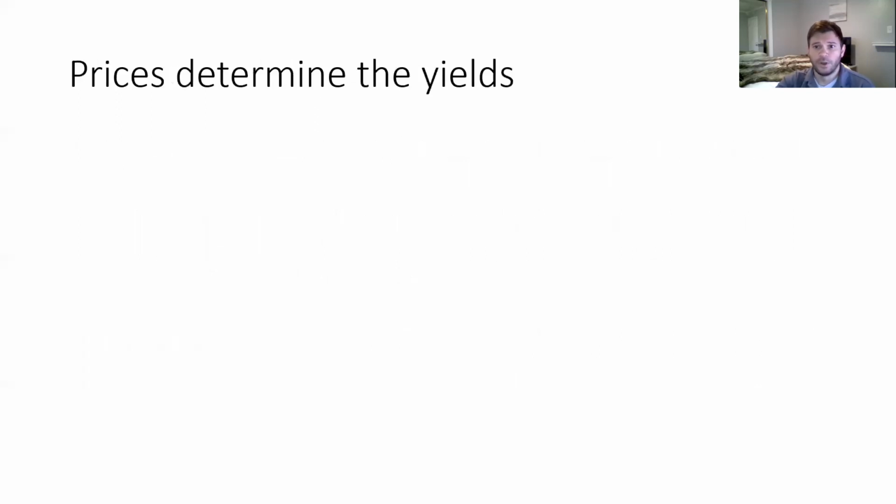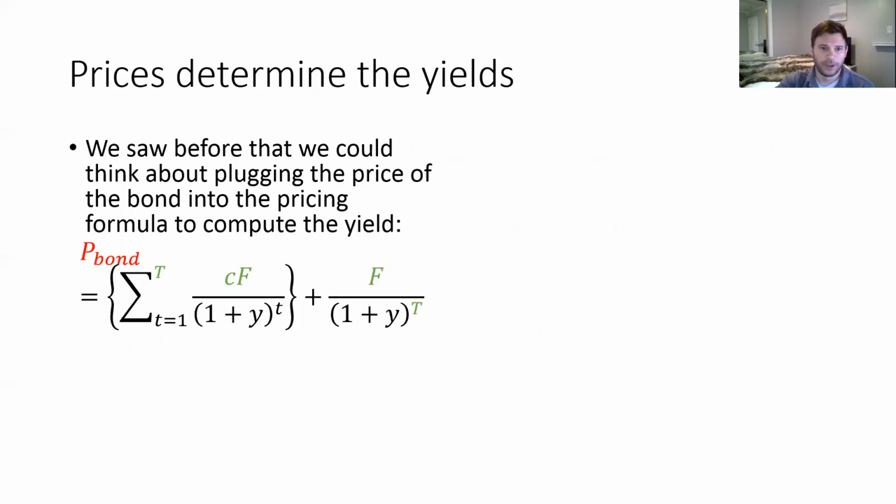So we're going to think about the opposite route here, that the price actually determines the yields. And I would argue this is really what's going on conceptually. We thought we could plug the price into our formula, on the left-hand side, given fixed values of C, F, and T for a particular bond contract that we're looking at, and we could use this expression to solve for Y. So the question of where does the price come from?